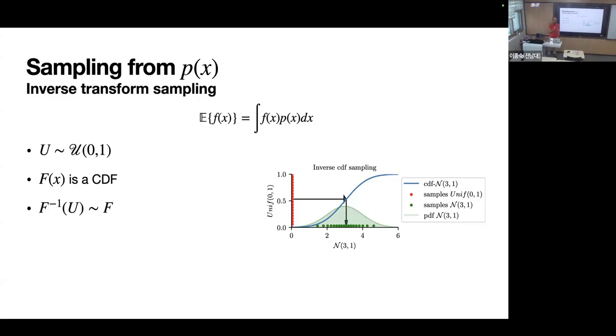We do not have algorithms for how to sample from these distributions. The only thing that we as a civilization are capable of is sampling uniform numbers from 0 to 1. That is the only thing we have. Everything else is a mathematical transformation, and it is called inverse transform sampling.